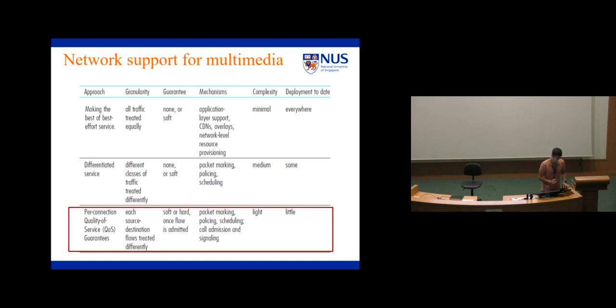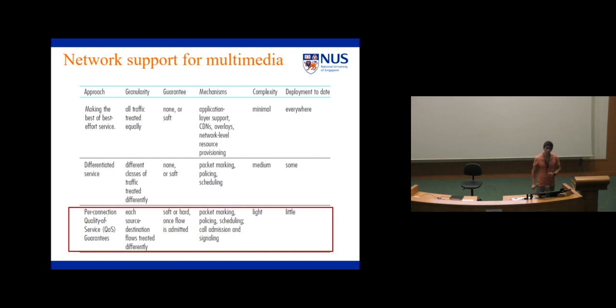We have seen differentiated service, implementing certain network mechanisms for different kinds of traffic, scheduling and policing mechanisms. Although they do not provide a lot of guarantees, they can still be used to ensure soft guarantees for my multimedia applications.